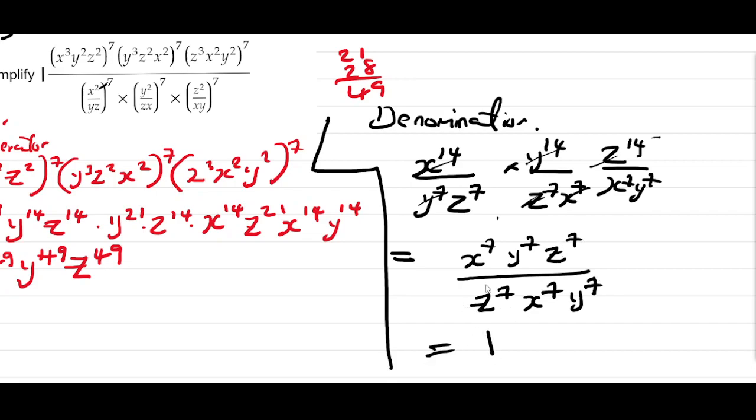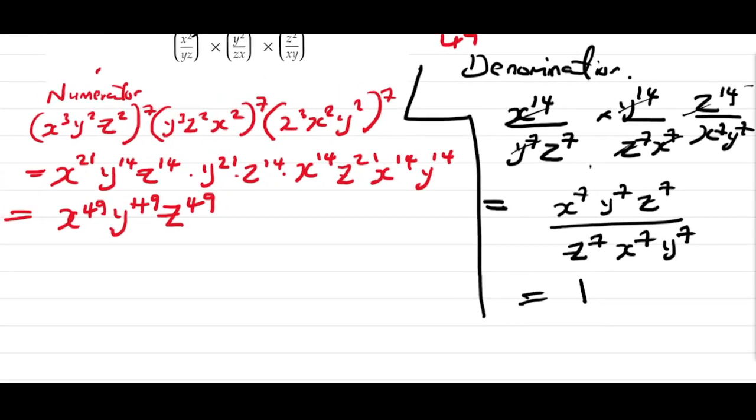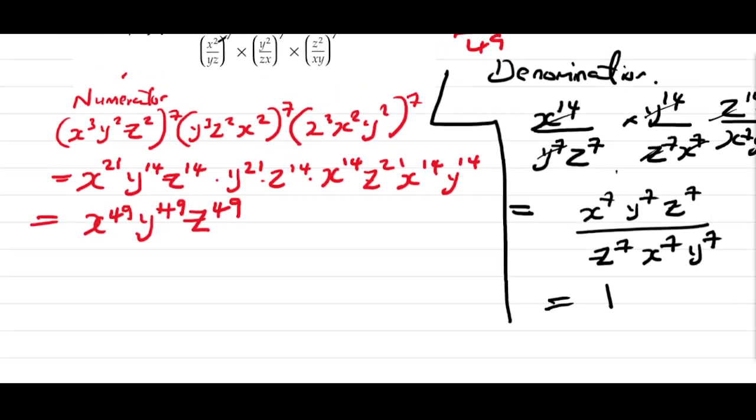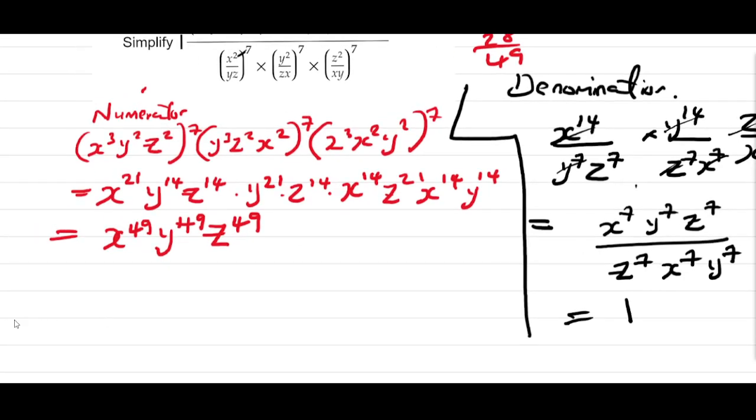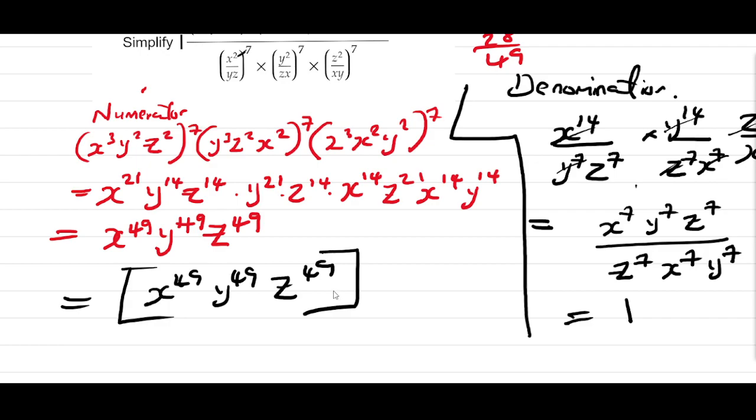So it seems that the denominator is 1. Therefore everything will reduce to x to the 49, y to the 49 power, and z to the 49 power all over 1. So this is the final answer.